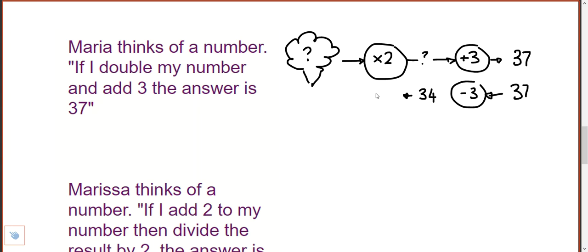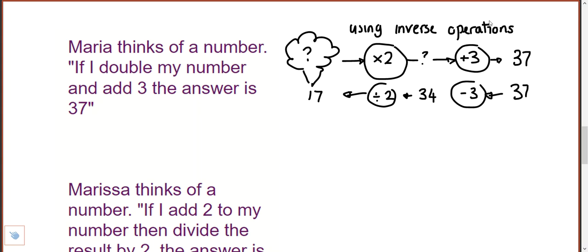Then the next thing we have to do: if that number was times by 2 to get that one, we have to reverse that and divide by 2. And we get the answer 17. So we know that Maria was thinking of the number 17. Now this is called using inverse operations.